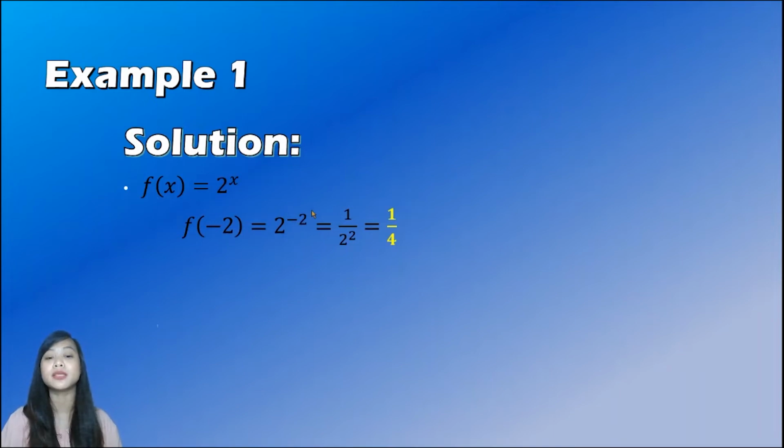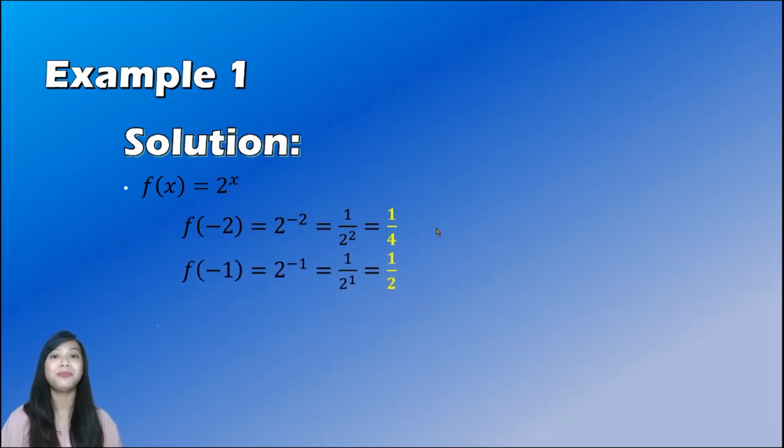So this is equal to 1 over 2 raised to 2. When we have negative exponents, we can apply the property of negative exponents, so it can be written in the denominator. So we have 1 over 2 raised to 2, and 2 raised to 2 is equal to 4. That is equivalent to 1/4.